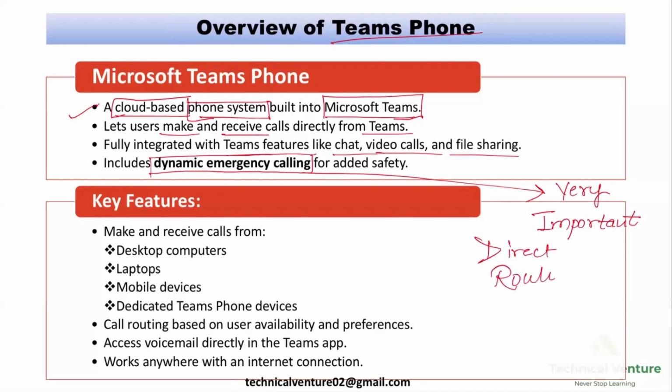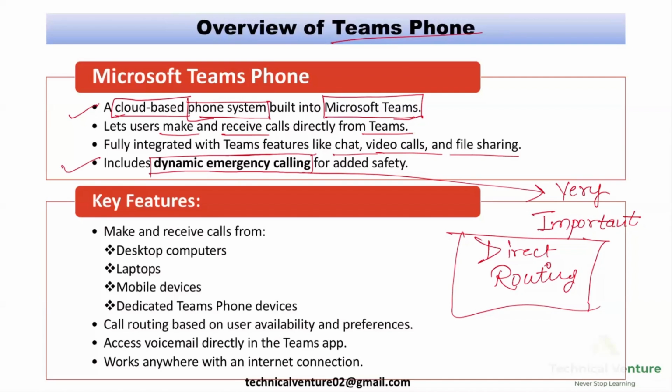Because if you are using the calling plans or maybe operator connect, then Microsoft will be responsible. As soon as you add a number, it will ask you to add the emergency location. That's it, right? But in direct routing, we will discuss it later, this is a very important topic: dynamic emergency calling.